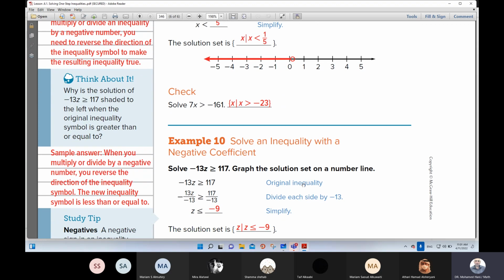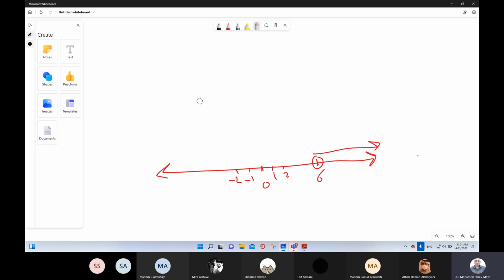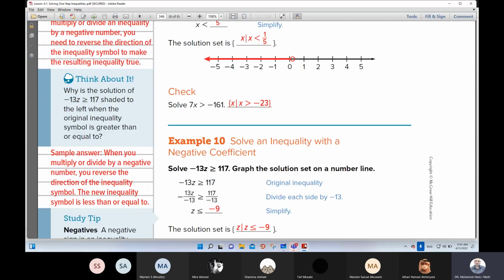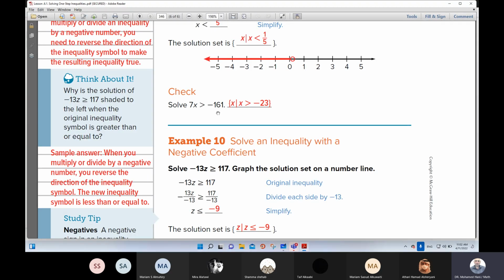And in this example, we have 7x greater than negative 161.